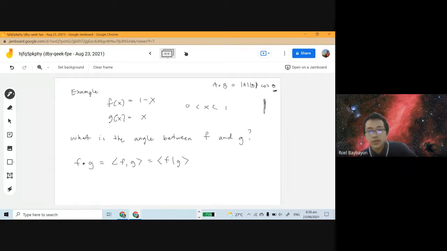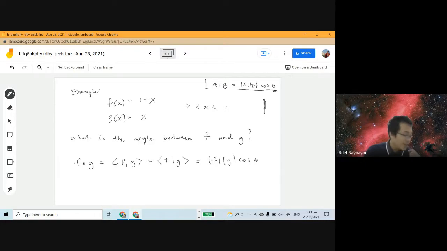And this is equal to the magnitude of f times the magnitude of g cosine of theta. By definition of a dot product, if I have two functions, I get the magnitude of one function times the magnitude of another function, cosine of theta. So I can solve for theta.